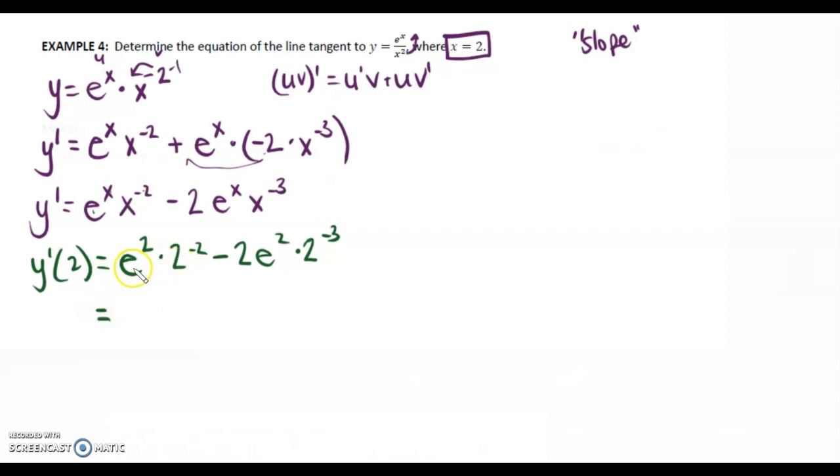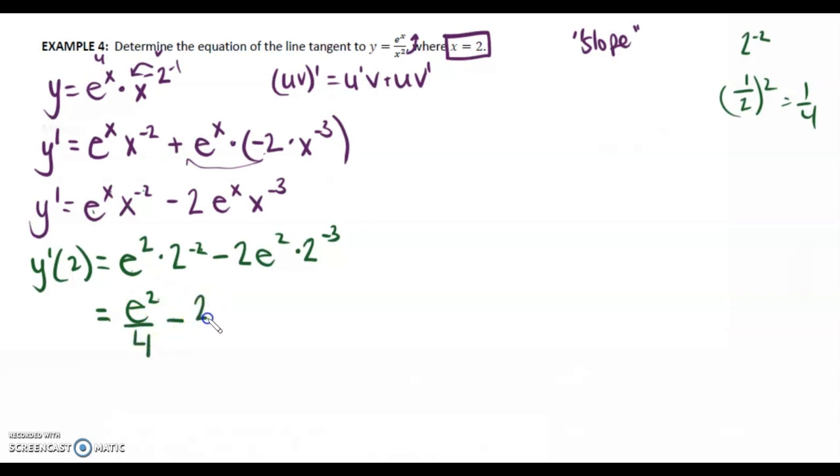Okay, so I'm going to keep e to the 2 as e to the 2. Now, 2 to the negative 2 is like saying 1 over 2 squared, which is 1 over 4. So this first term is e squared over 4.